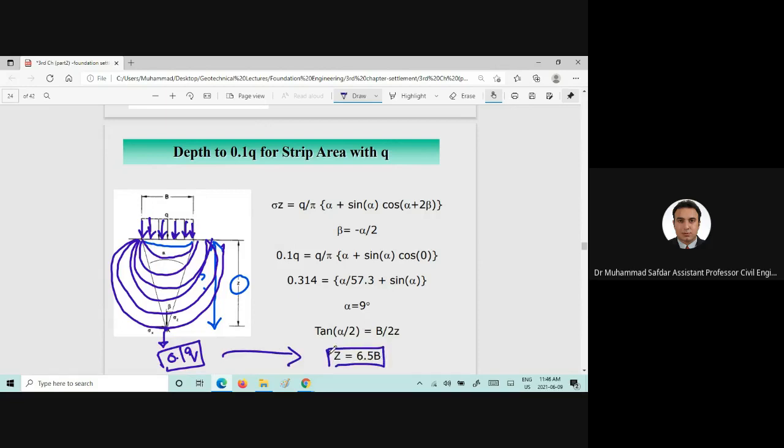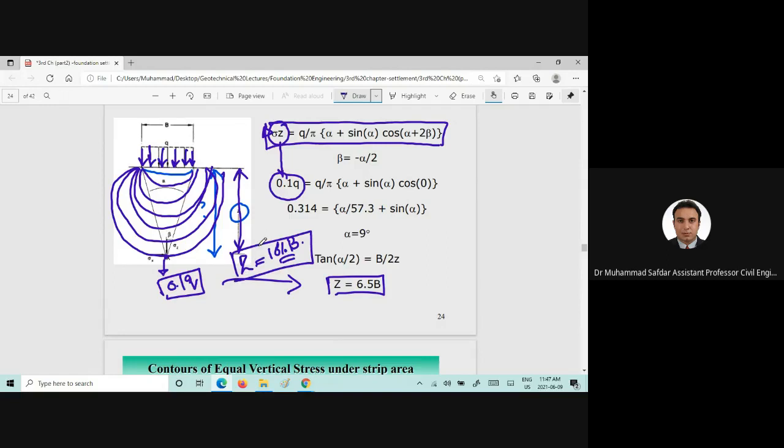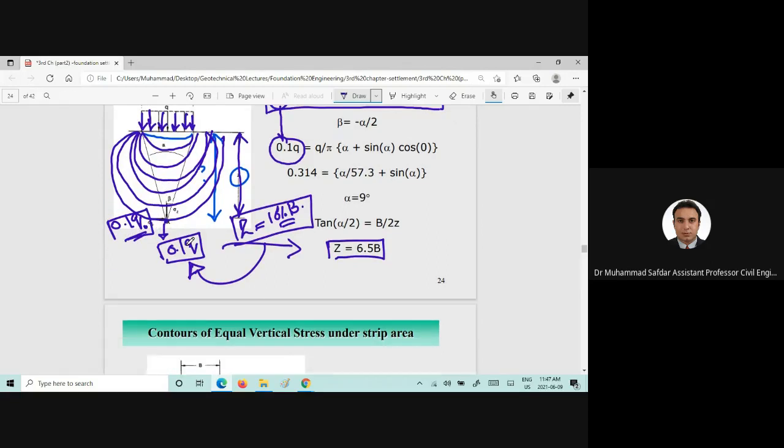We need to find out the depth Z. If we use the previous equation for the strip footing, and if we insert delta sigma Z equal to 10% of the Q, we will come up with the depth at which we will be having 10% of Q. In other words, we can say that this isobar will give us 0.1 Q. Why is it important?